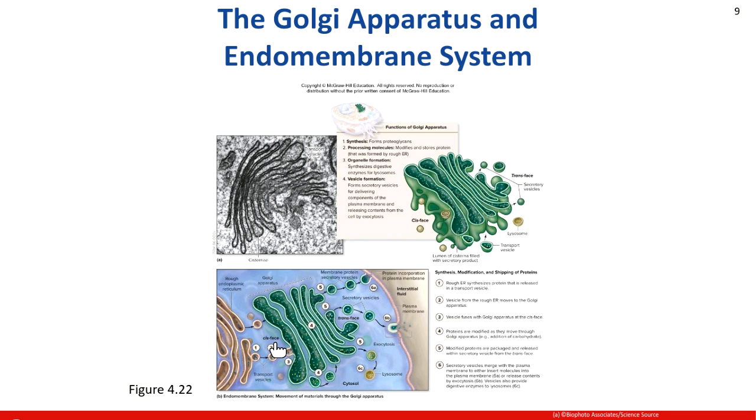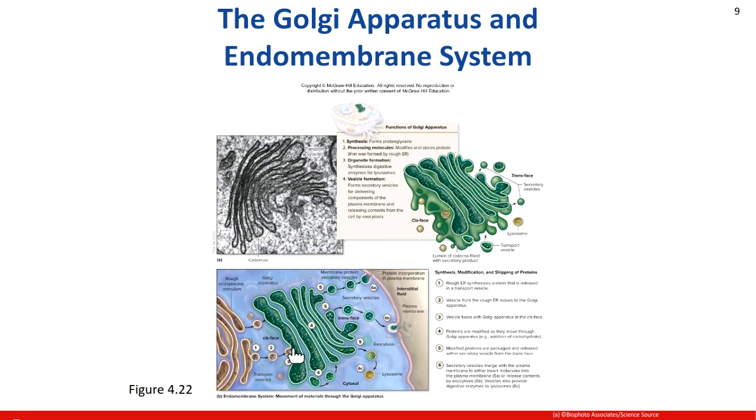That's where these proteins will enter. The end that's furthest from the nucleus or closest to the plasma membrane is the trans phase. So what will happen is that the rough endoplasmic reticulum packages up these proteins, makes a secondary vesicle, and sends it over here to the cis phase of the Golgi apparatus.